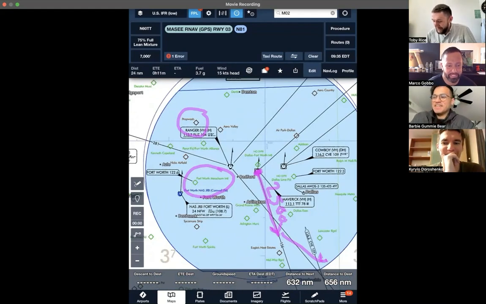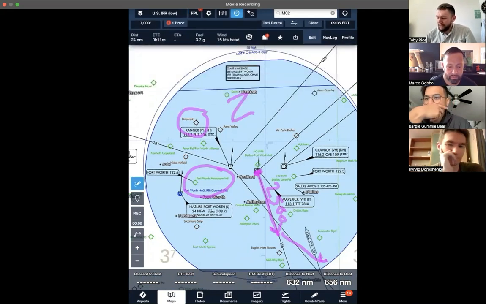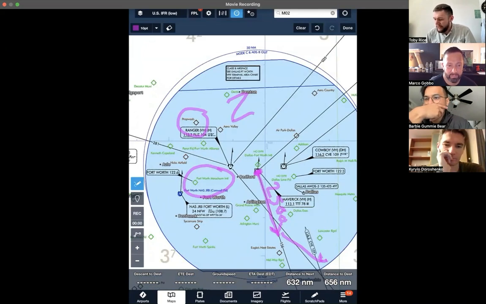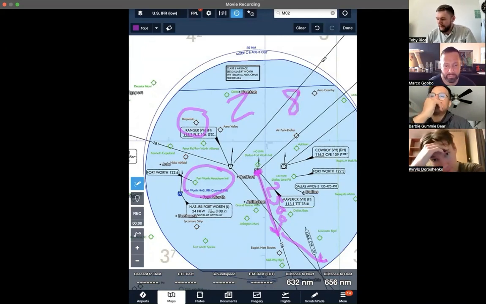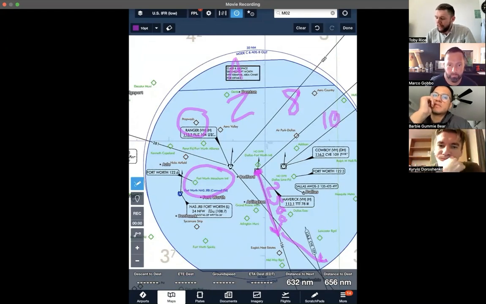So anyway, cleared to the blankety blank airport, whatever, as filed, maintain 2,000, expect 8,000 10 minutes after departure. So assigned 2, expect 8 in 10. Cool. Nice. We take off out of Fort Worth Meacham.